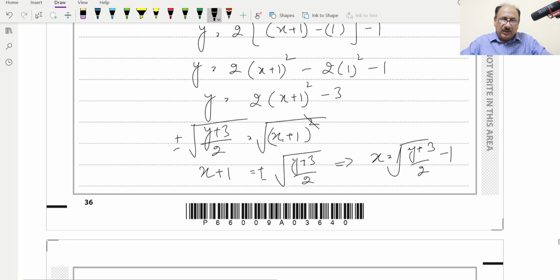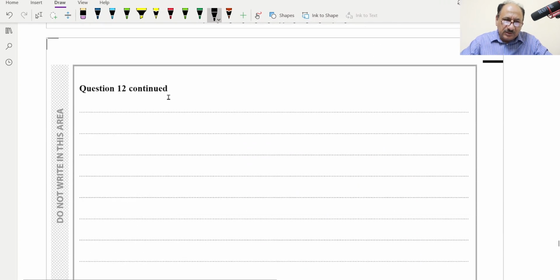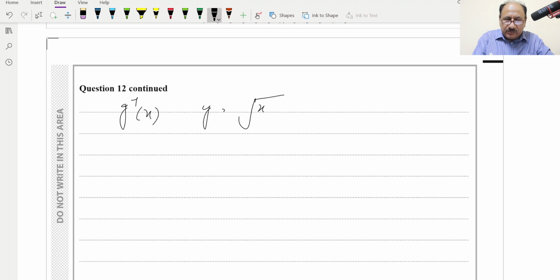And g inverse will be what? g inverse of x will be equal to, swapping x and y, y is equal to square root of (x plus 3) over 2 minus 1. This will be our g inverse basically.